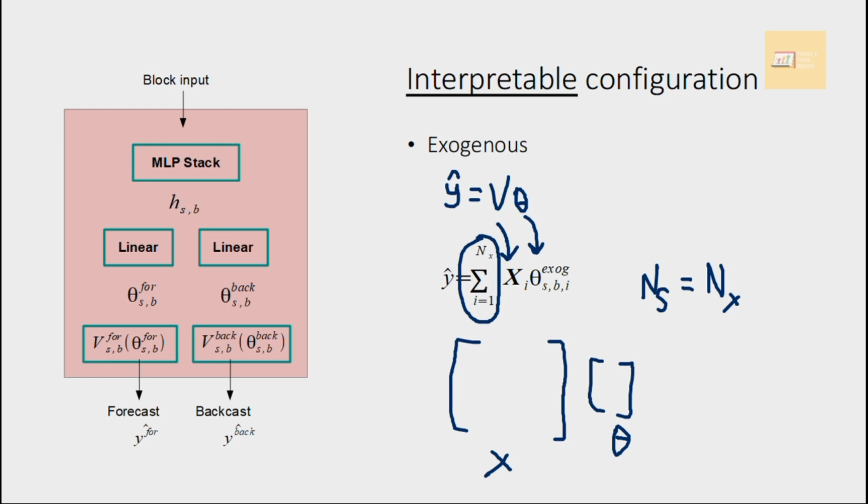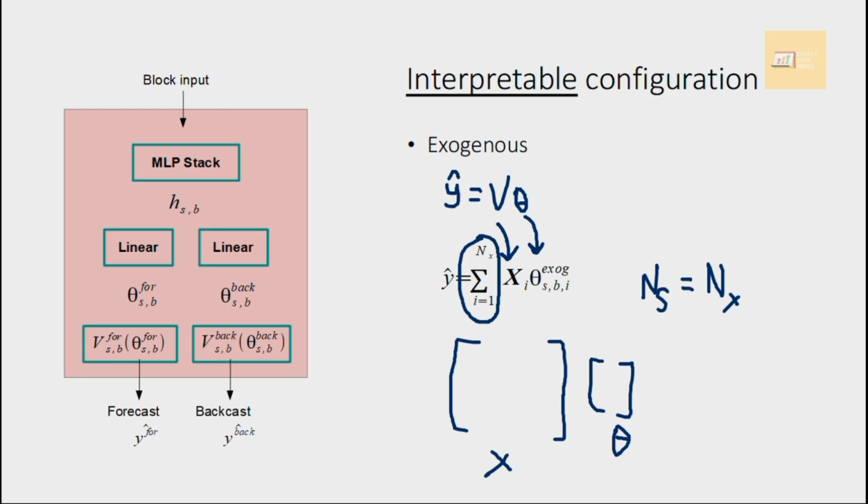Alright, so perhaps this is an important thing to note, that we used doubly residual stacking earlier, right? So as we go further down the model, the input, the time series, would be filtered and filtered out. Let's say that we are using the interpretable configuration, and the common setup would be putting the trend stack at the top, followed by seasonality and then exogenous.